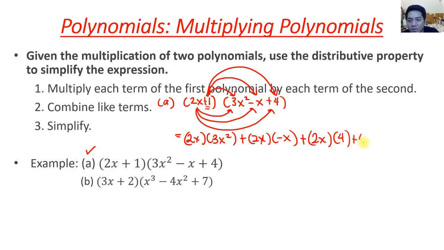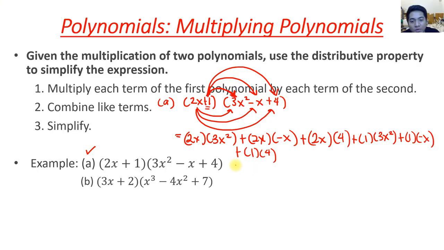So we have plus 1 times 3x squared. Okay, this is that. And then what? Plus 1 times negative x, and then plus 1 times 4. Okay? Considering the signs, I've added plus, for the simplification whenever we try to multiply polynomials.